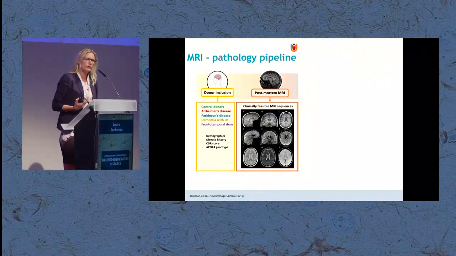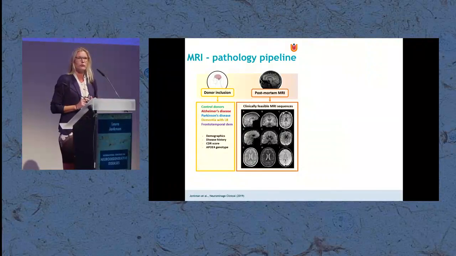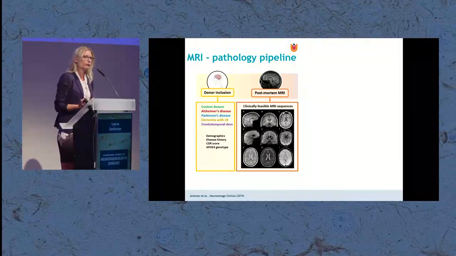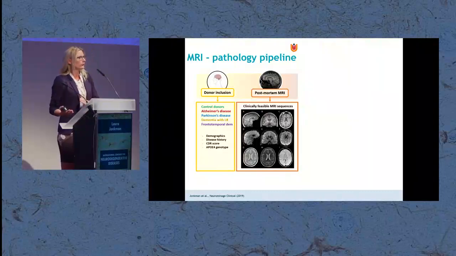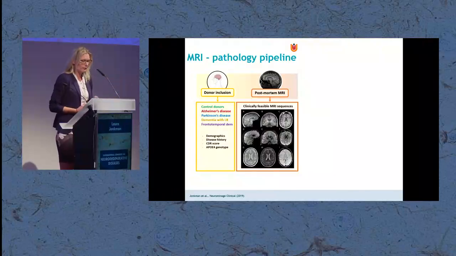So we perform this in situ MRI, whether it's a T1, T2, diffusion, single shell, multi-shell, any of these sequences that can also be performed during life. And on a subset of cases, after the autopsy, we also perform 7 Tesla ex vivo MRI.